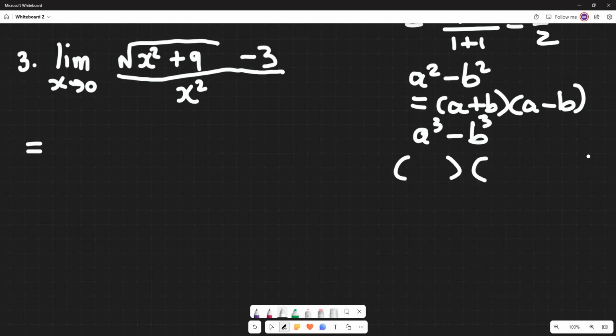Remember, to factorize cubes, you are basically saying a minus b, and then a times a gives you a squared, b times b gives you b squared, and then a times b gives you ab. I'm sure you've seen the order in which I get the terms in the second bracket.